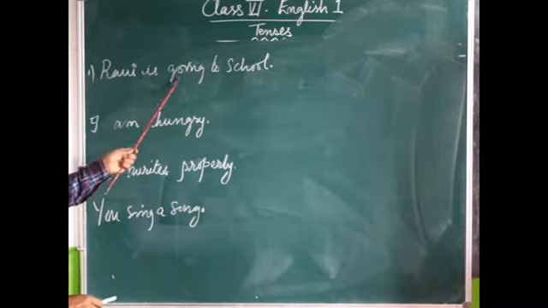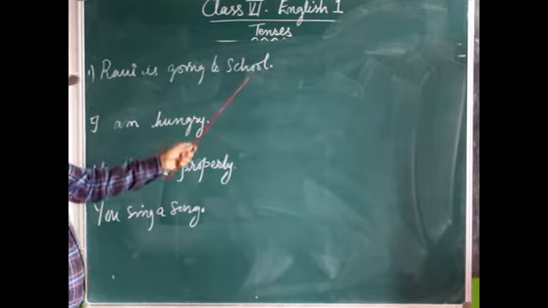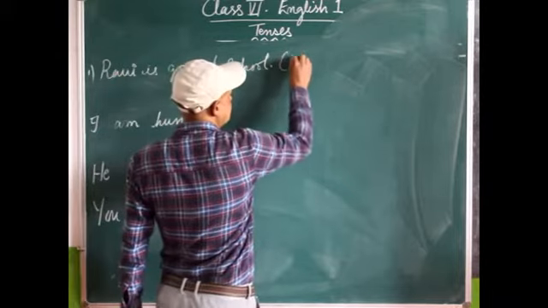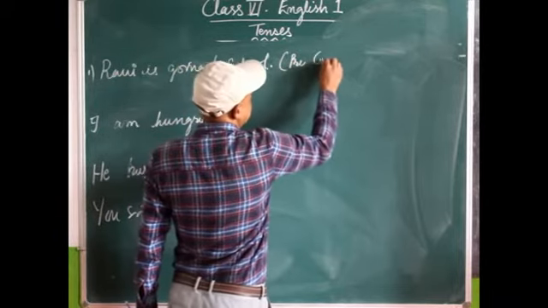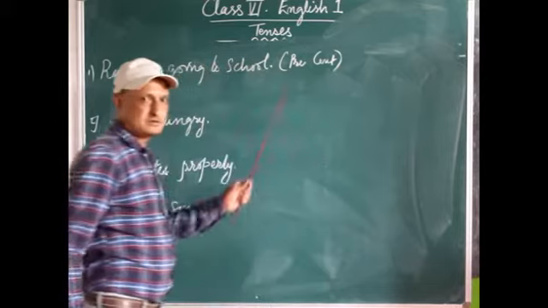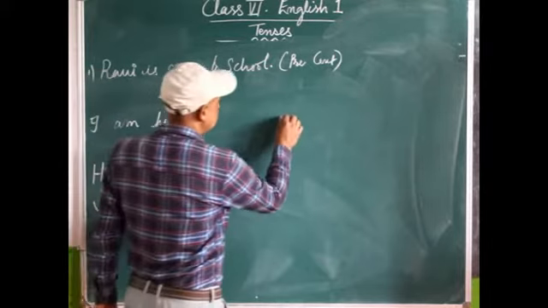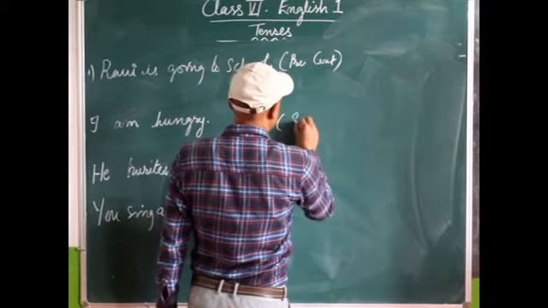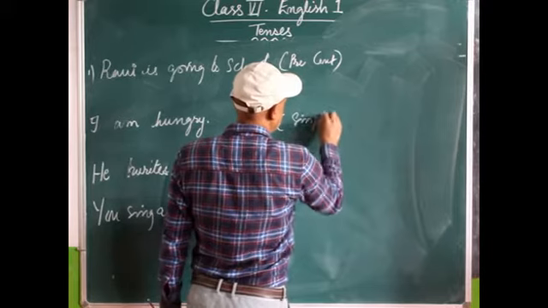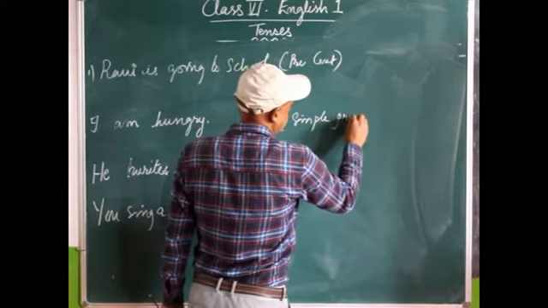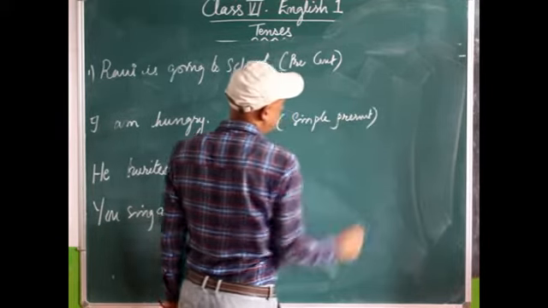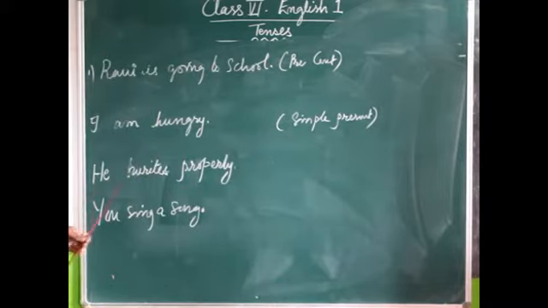Ravi is going to school. Which form? It is present continuous. Okay? I am hungry. What is it? Simple present. He writes properly.